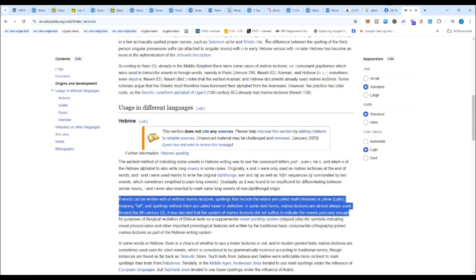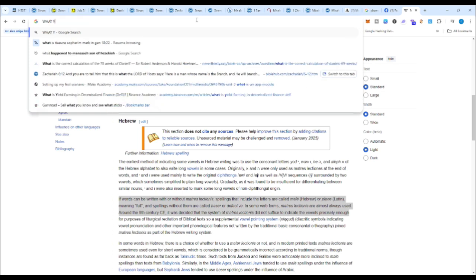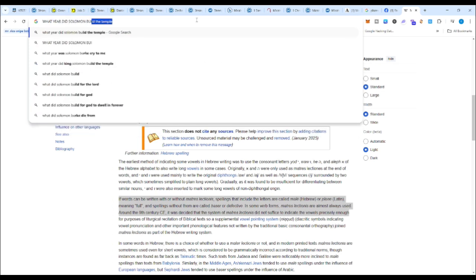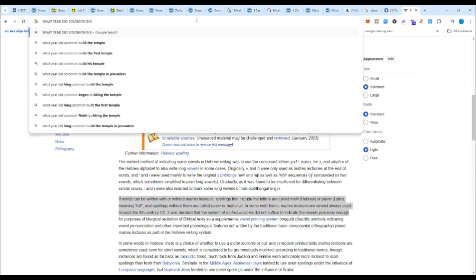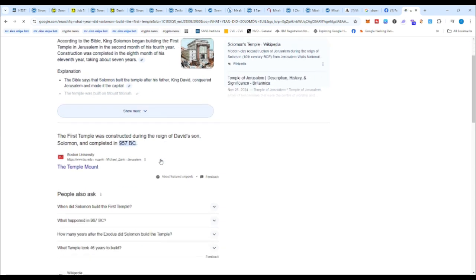Now, let's go look and see what year was the temple built. What year did Solomon build the temple? In 957 BC, right?